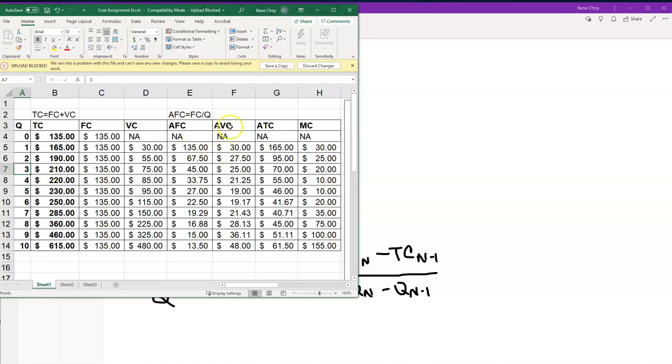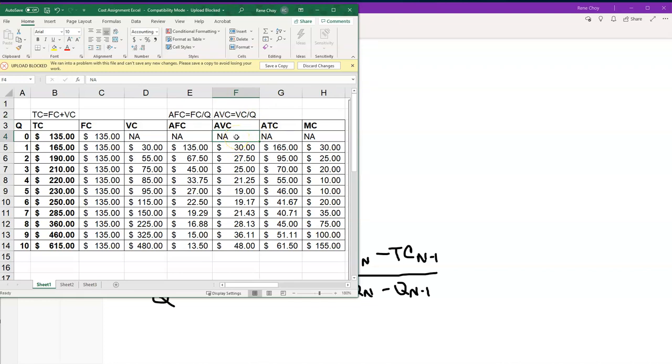Okay? The average variable cost, or AVC, is equal to variable cost divided by Q. So in order to get all of these costs here, what I'm doing is I'm taking variable cost and dividing it by Q. So this 30 equals variable cost divided by Q. This 27 is 55 divided by Q. This 25 is 75 divided by 3, and so on.